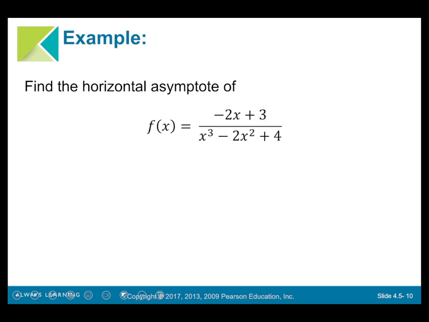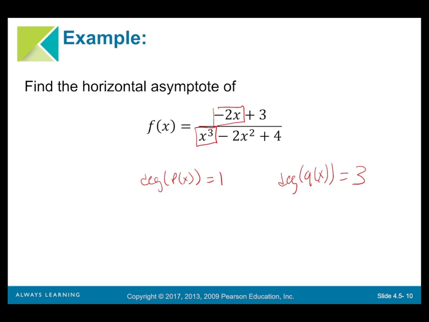Looking at the next example, our leading terms are negative 2x on the top and x cubed on the bottom. So the degree of p of x is 1, and the degree of q of x is 3. If you remember our rule from before, if the degree of p of x is less than the degree of q of x, then my horizontal asymptote is y equals 0, or the x-axis.